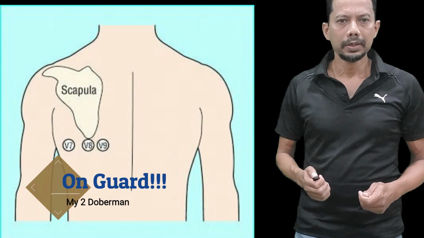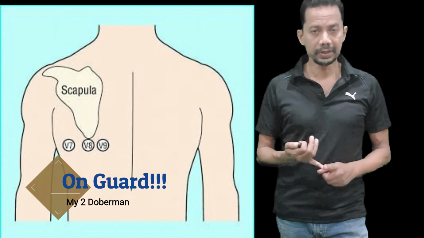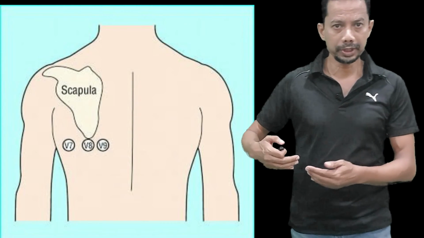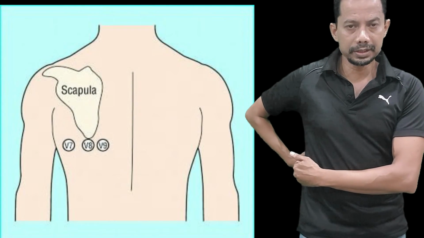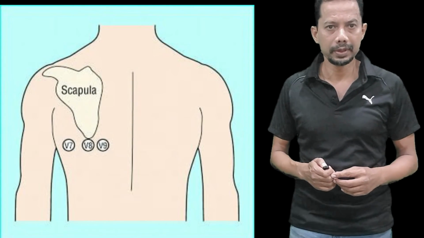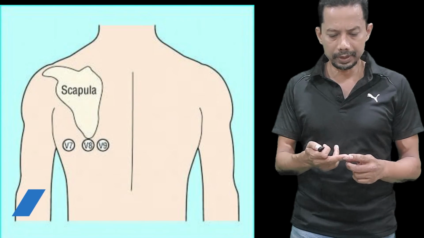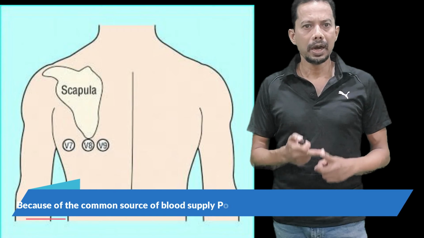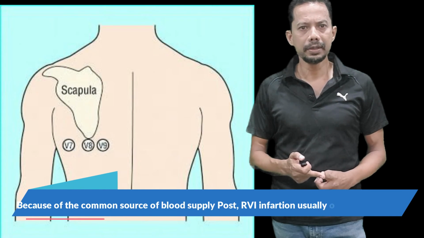Welcome back. So we were discussing right ventricular infarction and posterior wall infarction, where you have to take extra ECG recordings on the right side or maybe posteriorly on the left side. RV infarction and posterior wall infarction rarely occur in isolation.